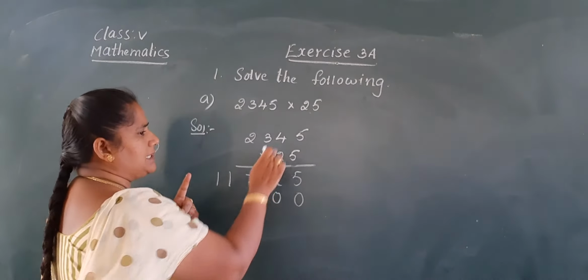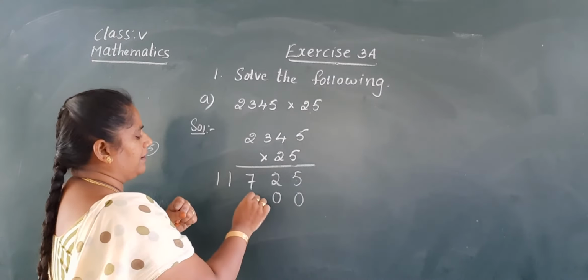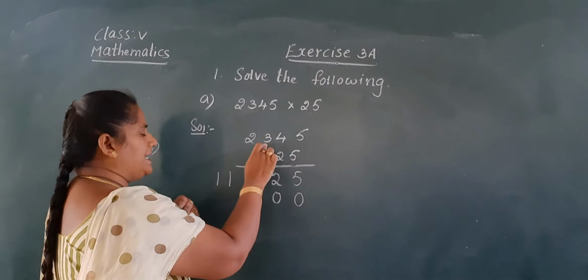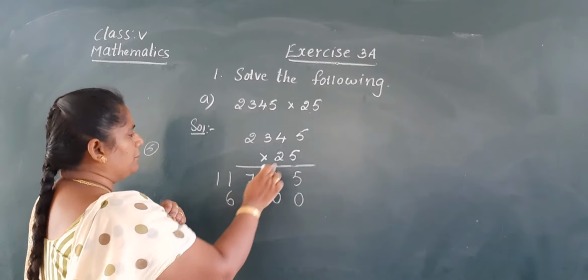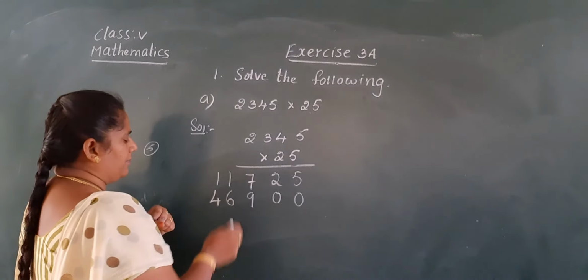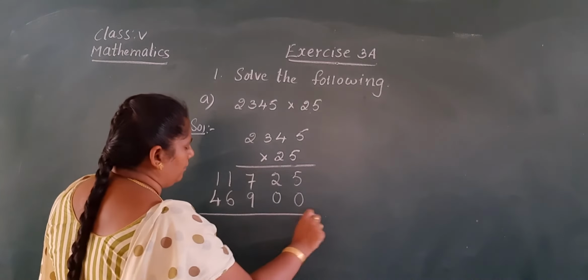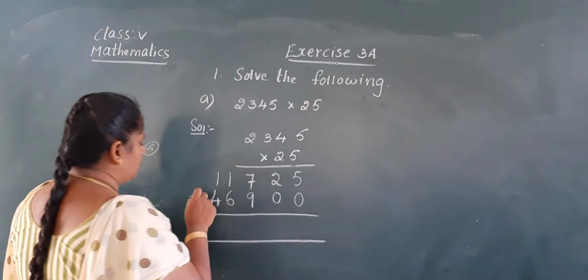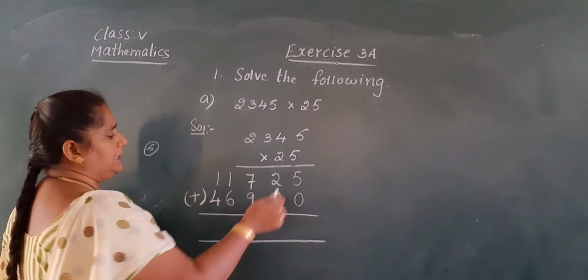Now 2 4s are 8 plus 1, 9. 2 3s are 6. 2 2s are 4. Finish. Now we add these products, so we keep the plus symbol and do addition.